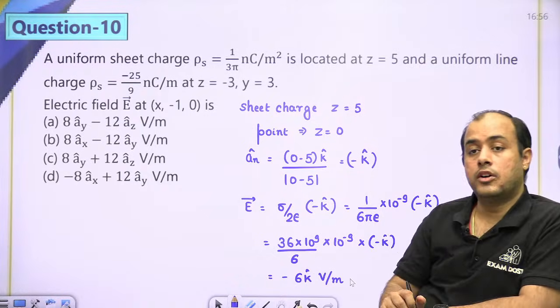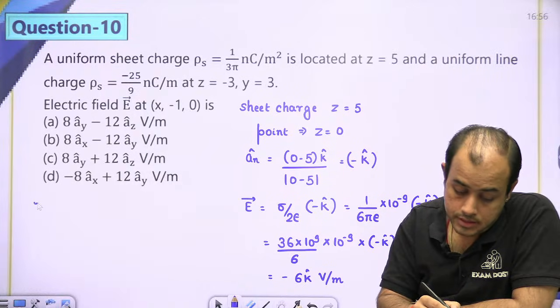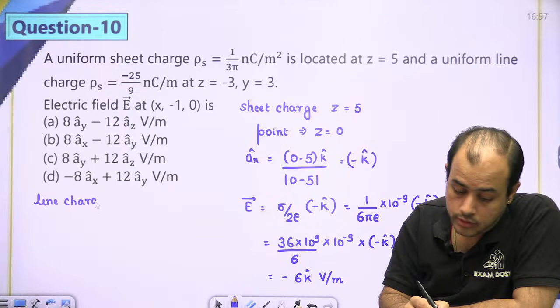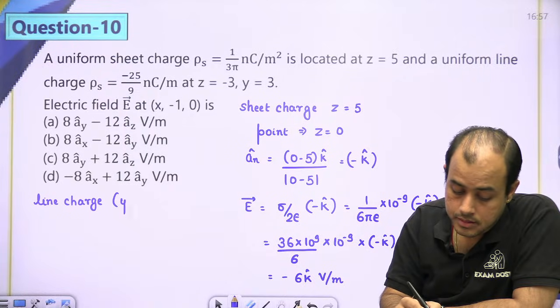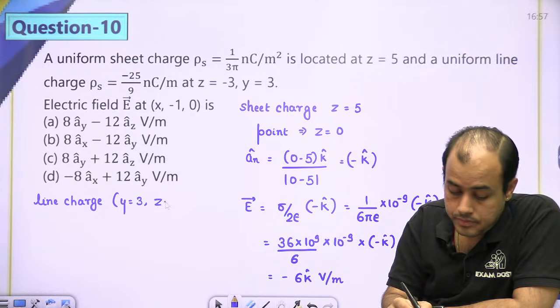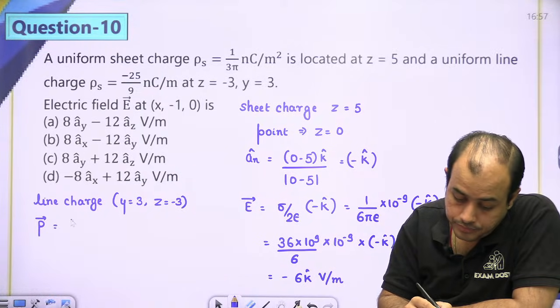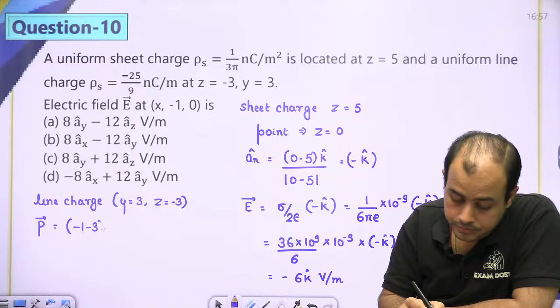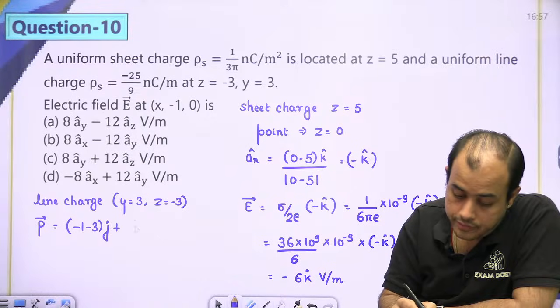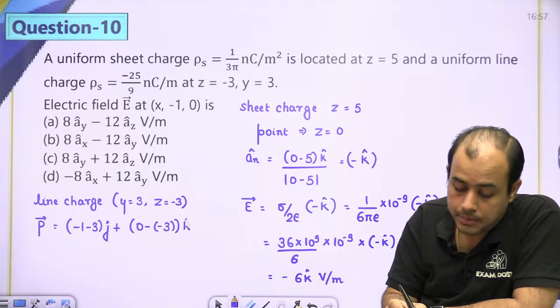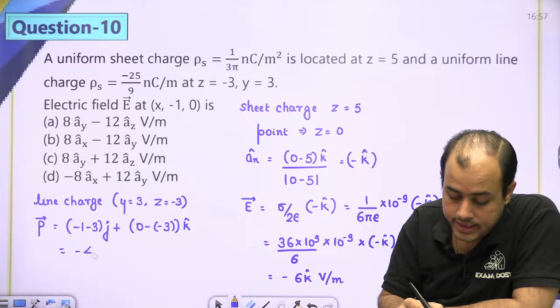This is because of the sheet charge. Now, beta, because of line charge. Okay, subtract the y and the z coordinate of the charge from the point. Subtract the charge from the point.